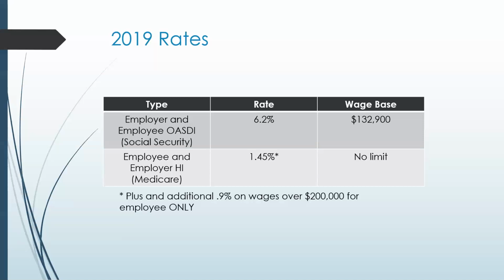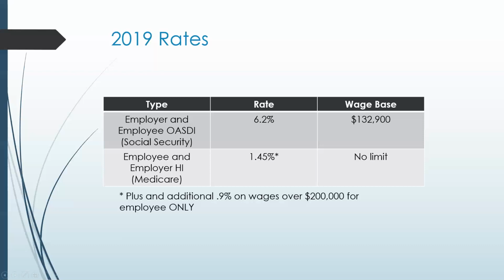Okay, so when you're looking at your worksheets, those should always match. The only time that they're going to be different is if you've got employees that have wages over $200,000. Then there's going to be an additional amount for the employee side. Okay, so these should be the same for employer and employee.